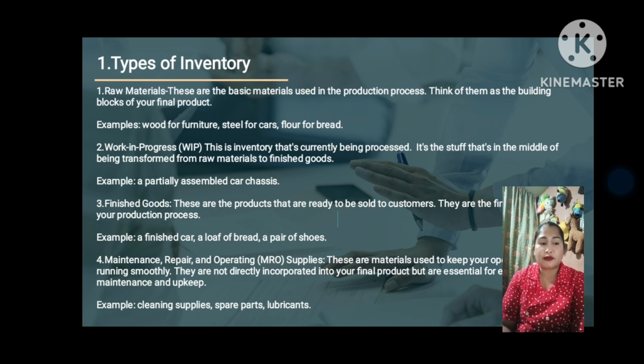So in maintenance, repair, and operating supplies, we always include the chemicals to analyze the materials or the physicochem before the finished product is shipped out or delivered to customers.